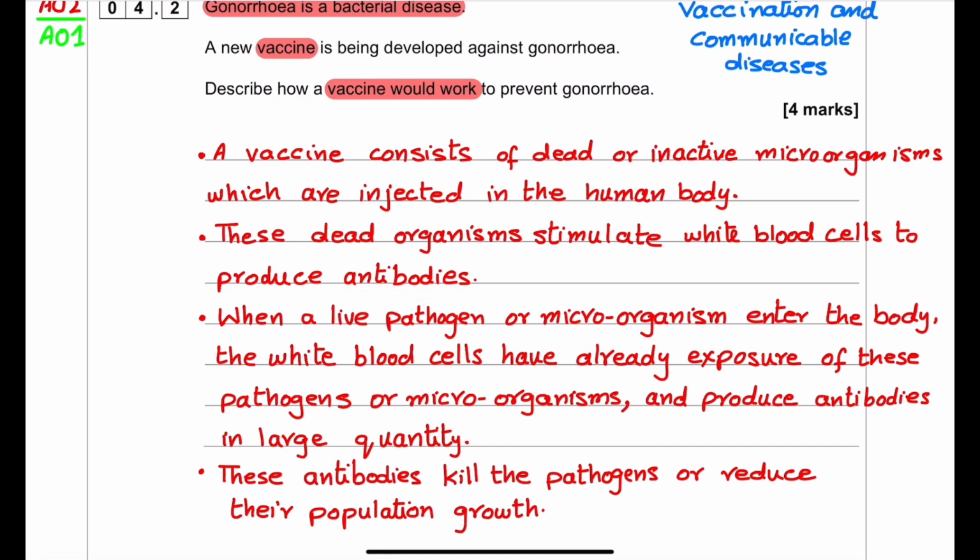When a live pathogen or microorganism enters the body, the white blood cells have already had exposure to these pathogens or microorganisms and produce antibodies in large quantities. These antibodies kill the pathogens or reduce their population growth.